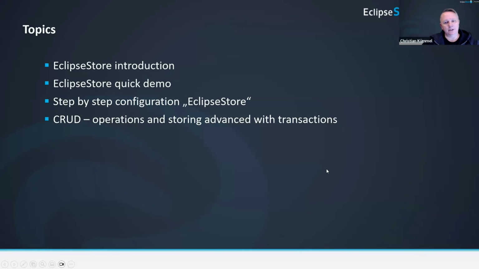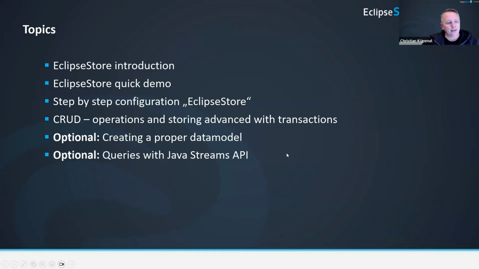Then we have some additional projects, especially for CRUD operations and advanced storing transactions and so on. And then two interesting parts, which were normal parts in the previous trainings: creating a proper data model and querying with the Java Streams API.